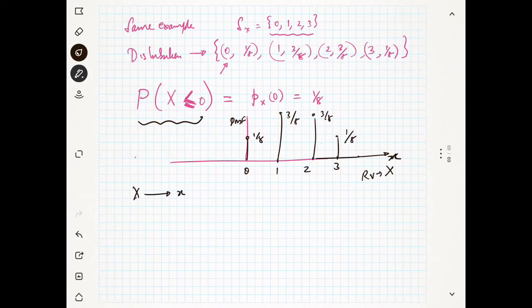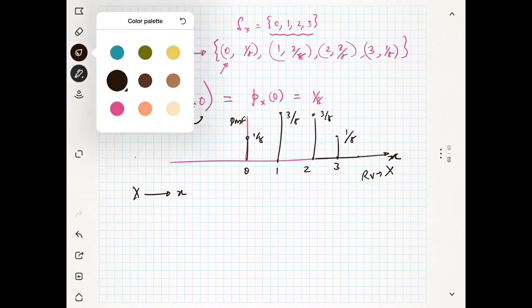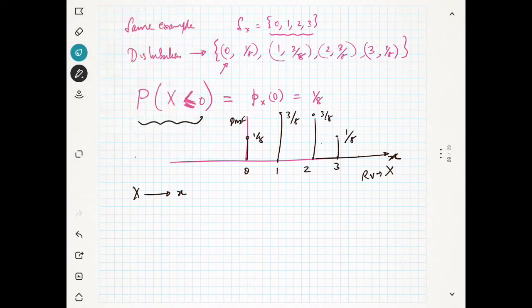Now if you consider the probability of x less than or equal to 0, it means you have to take all the values before 0 and add all these probabilities till you reach 0.